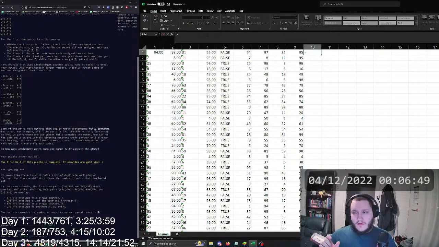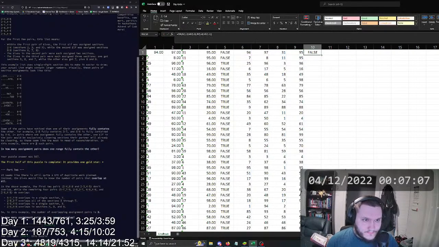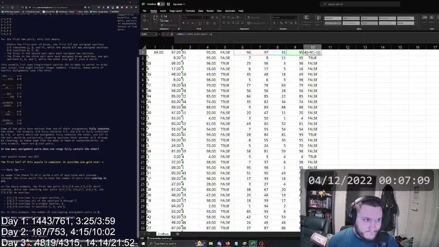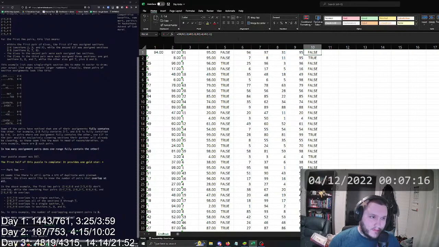If the low is bigger than the high of the other one, so yeah, this is greater than this, then it'd be outside the range.